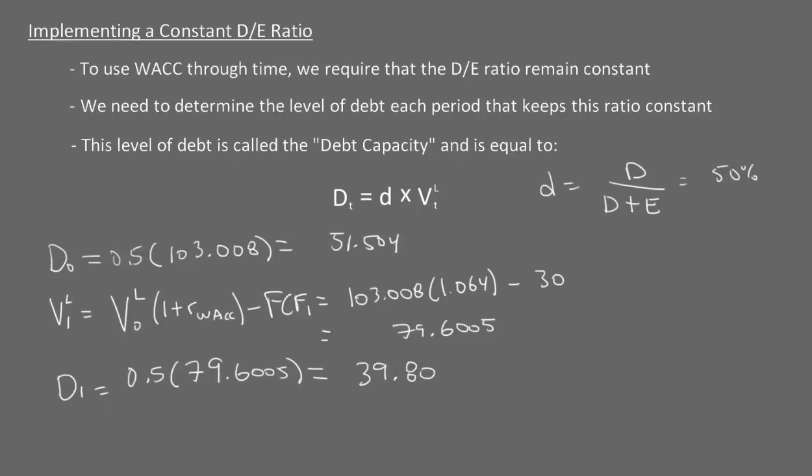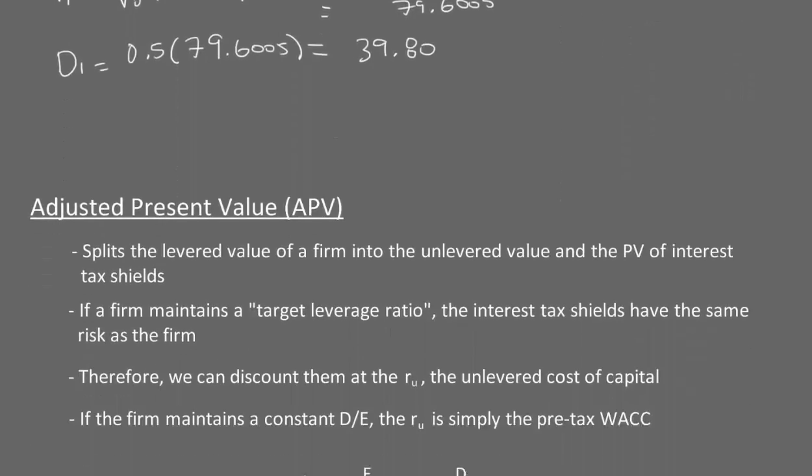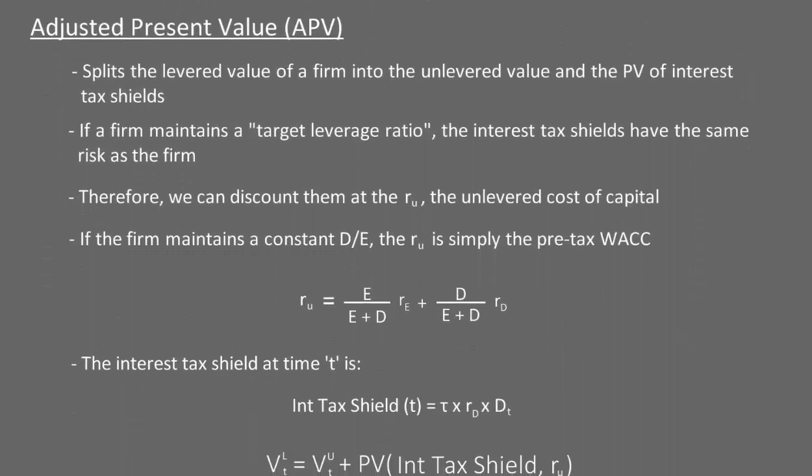So moving on, we can cover the adjusted present value, or APV method. What the APV method does is split the levered value of a firm into the unlevered value and the PV of interest tax shields. Now, if a firm maintains a constant target leverage ratio, the interest tax shields have the same risk as the firm, and therefore we can discount them at RU, the unlevered cost of capital.